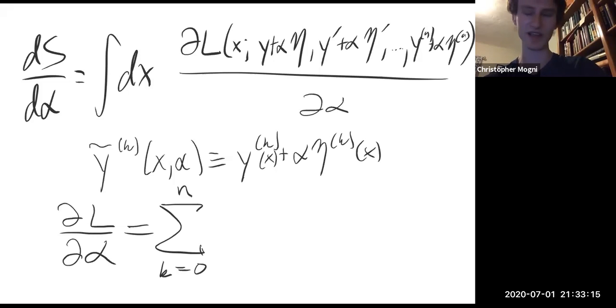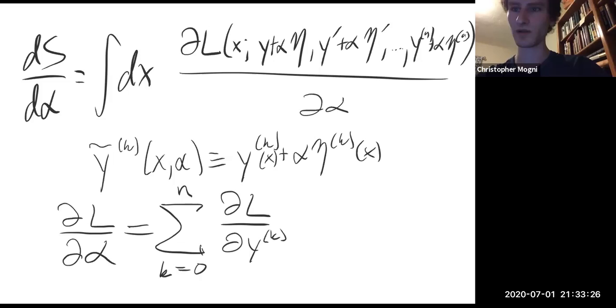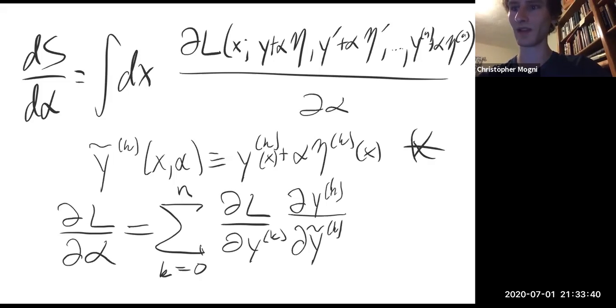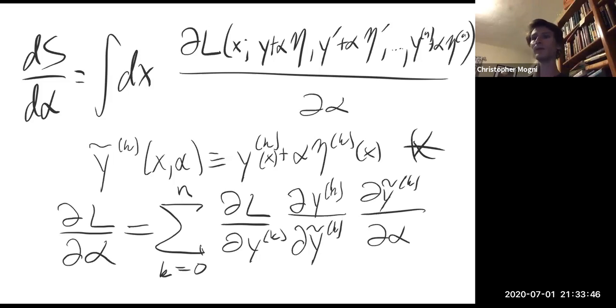So here's what it looks like in our case. dL/dy_k, so that's for the kth derivative. We're adding up all the different dependencies on the different derivatives separately. That's what we want. The way that we get it is to say, well, this can be written as a derivative because we can invert the tilde equation over here with respect to y tilde_k, and then we can take y tilde_k and take a derivative with respect to alpha. So as you see, the y tildes cancel if we cancel the numerator and denominator, same with the y's, and we get dL/d alpha.